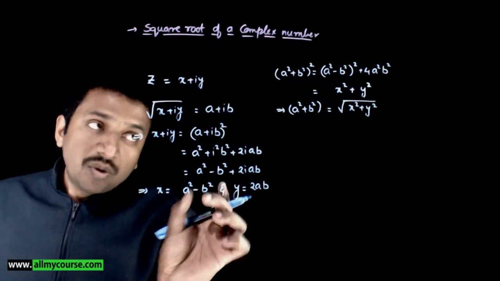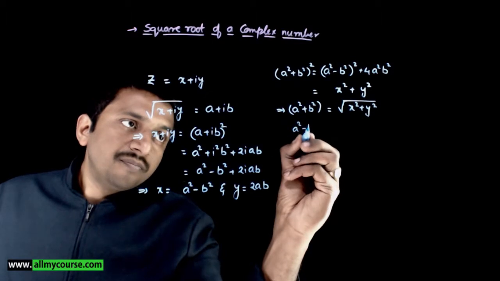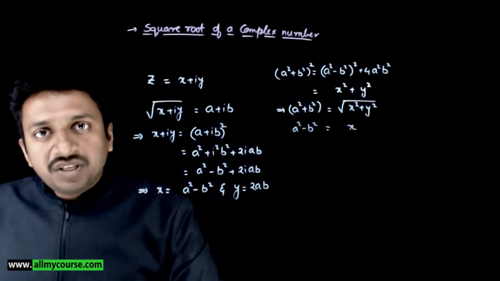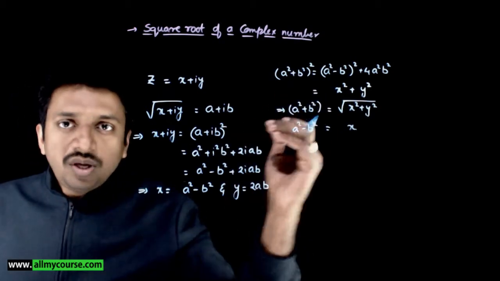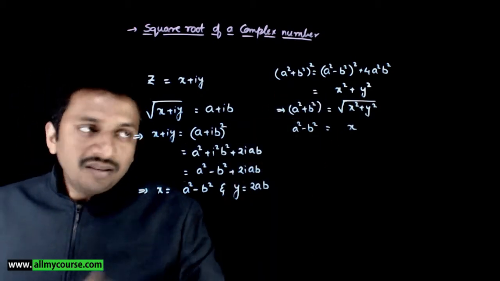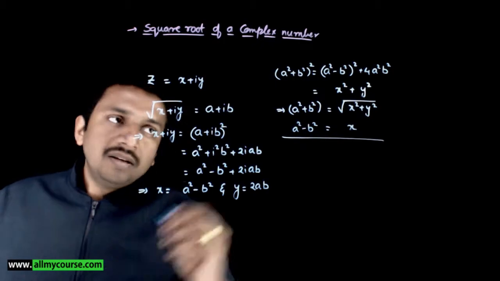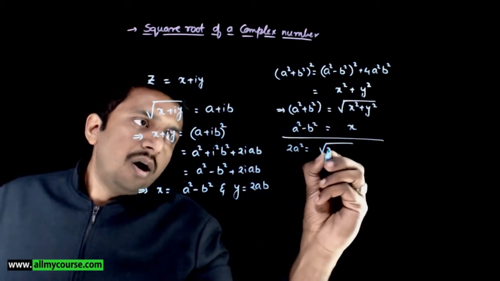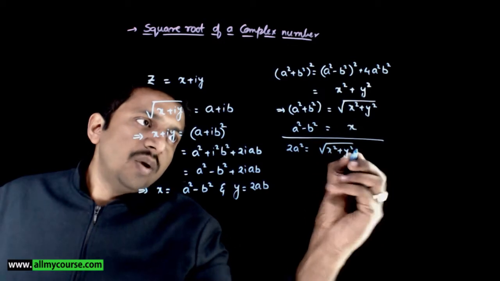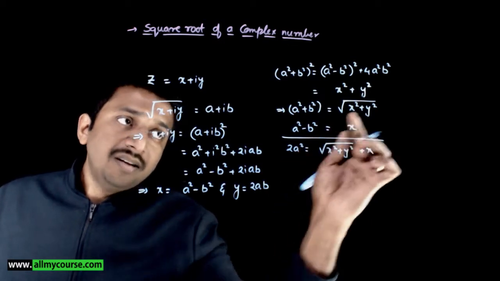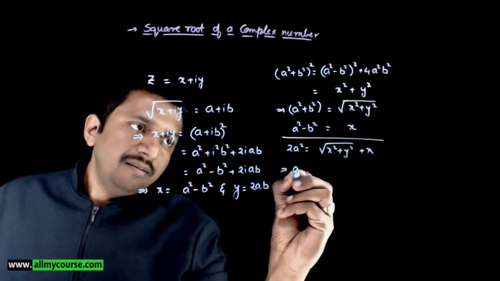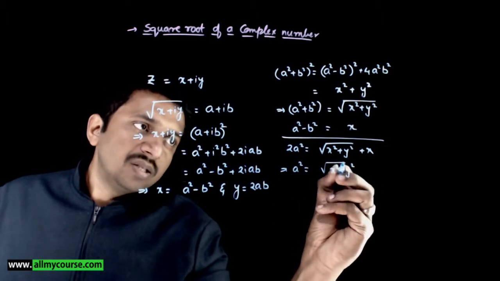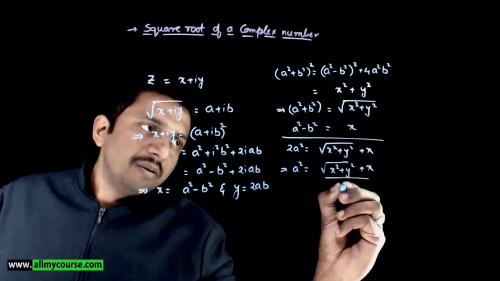So you have a square minus b square, which is equal to x, and you have a square plus b square. From these two equations, can you find a and b? Yes. 2a square is equal to root of x square plus y square plus x, and a square is equal to root of x square plus y square plus x by 2.